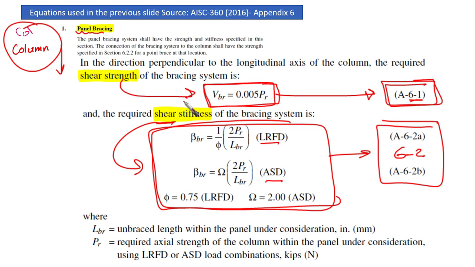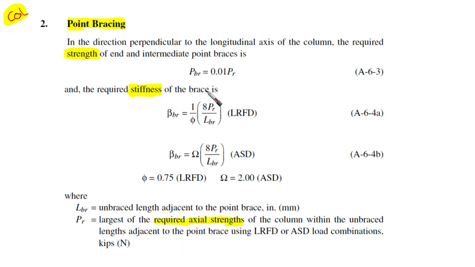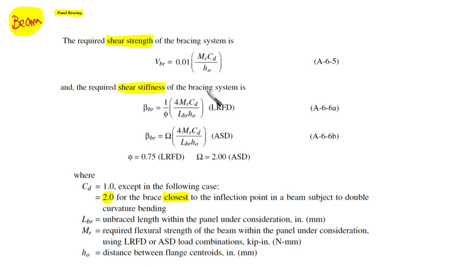So in a beam column, we're going to take this equation, which is from the column, and sum it up with the corresponding shear strength coming from the beam, if we're talking about panel bracing.